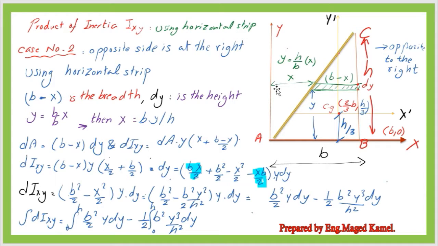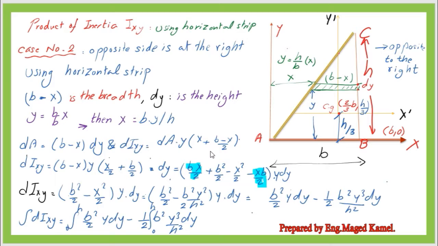It will represent the x distance of the CG to the y-axis, while the y distance will still be the same. Our dA will be equal to b minus x multiplied by dy, and the dIxy will be dA multiplied by y multiplied by x plus b minus x, all divided by 2.